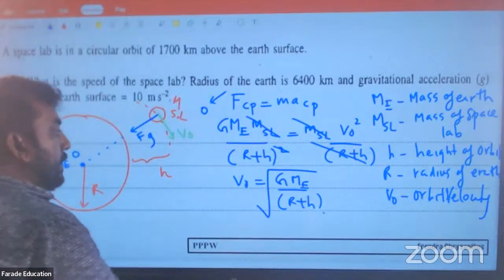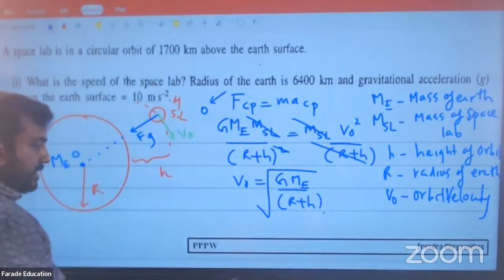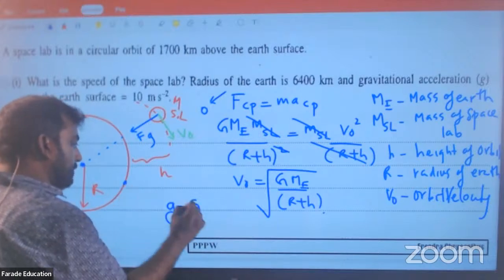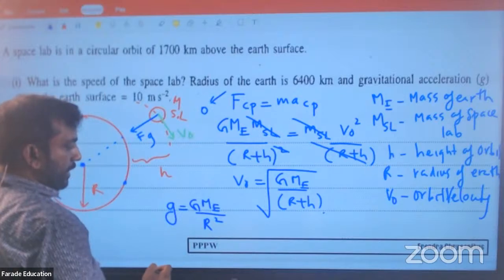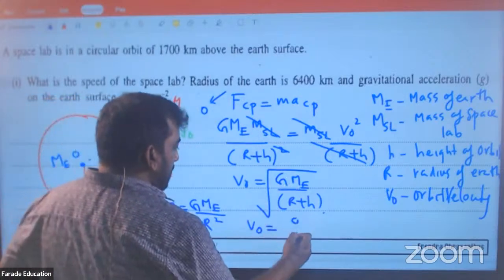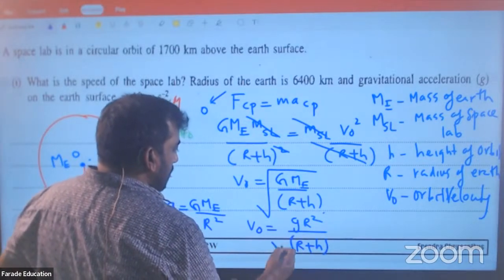But is capital GME given? No. So you must use the approximation. Gravitational field strength on the surface is capital GME over R squared. So wherever there is capital GME, you can write G R squared. Over R plus H whole thing squared.